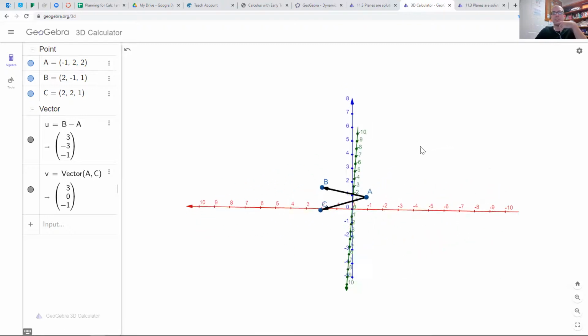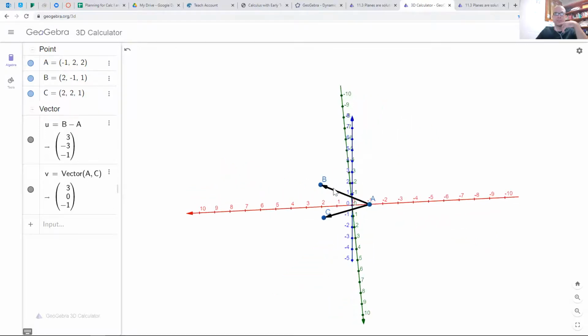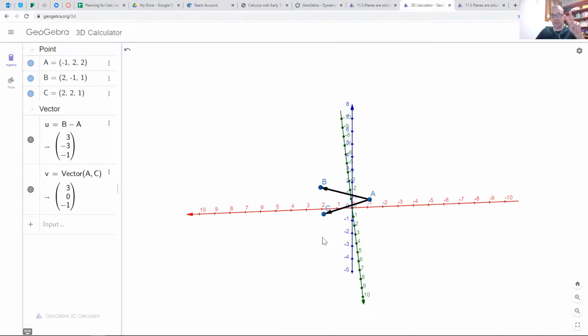Okay, so subtracting those points from one another gives you the correct vectors. And now we've got 2 vectors in the plane. Now the plan is to cross product those. So cross u, v, goodness.